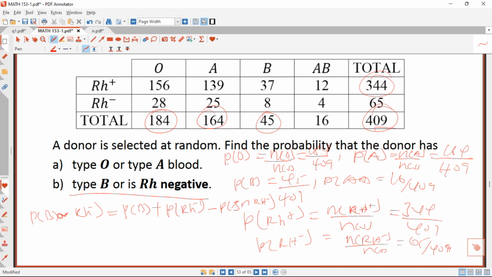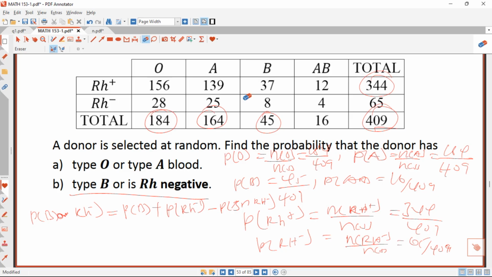So here these events are not mutually exclusive. Why? Because you could see that someone is having type B and at the same time belonging to Rh negative. So when we come here for blood group B, we have 8 people under blood group B who are Rh negative, right?